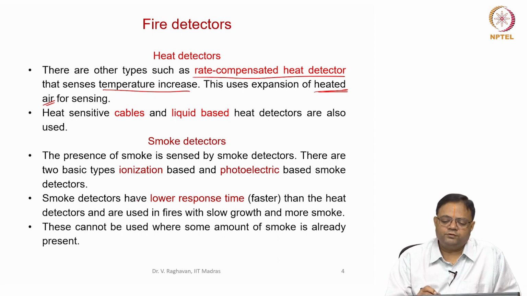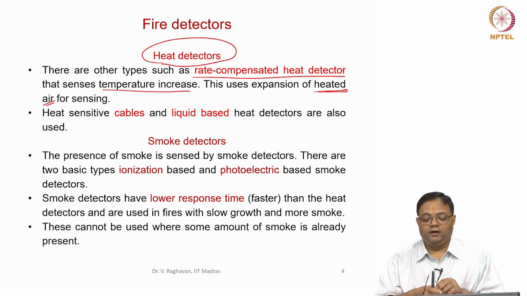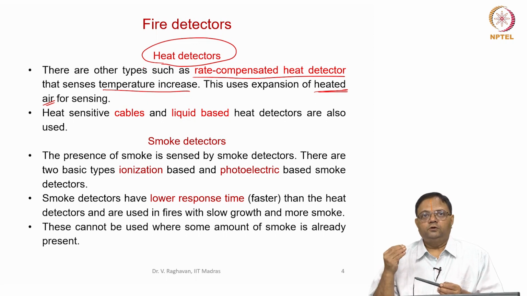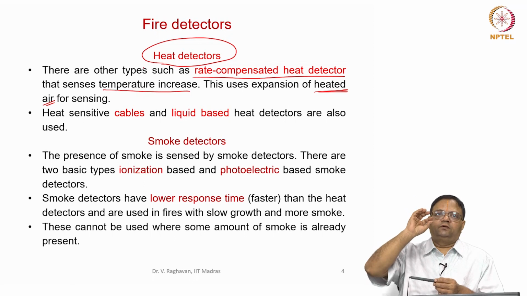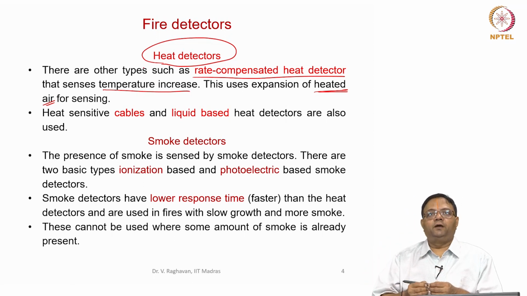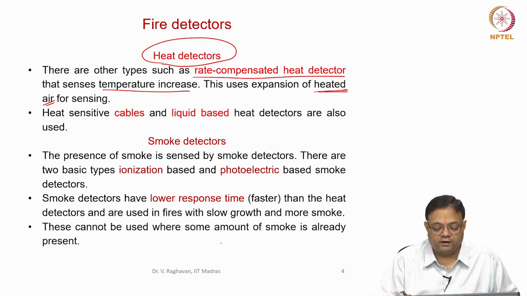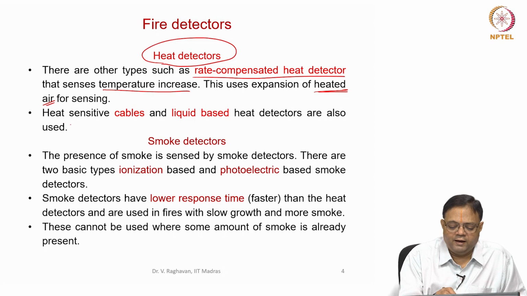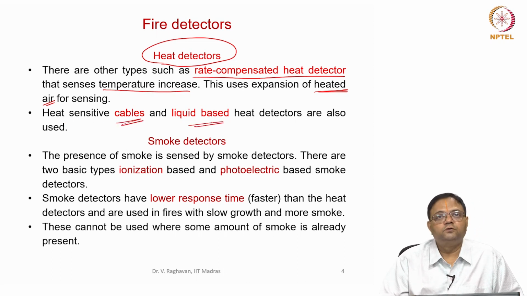So there are several methodologies or mechanisms by which the heat can be detected, and once you see that there is a given heat flux which is unusual, then that can be considered as occurrence of a fire and an alarm can be triggered. High heat sensitive cables and liquid based heat detectors are also used.